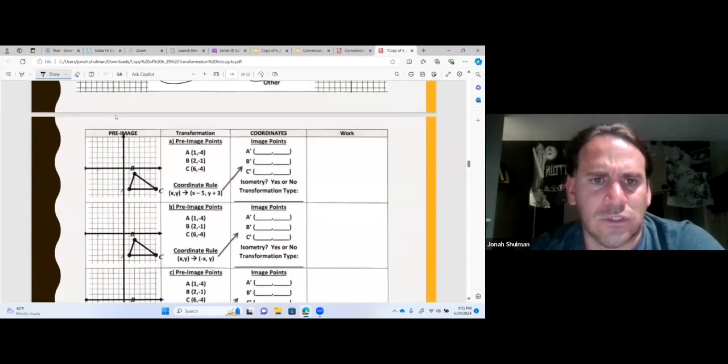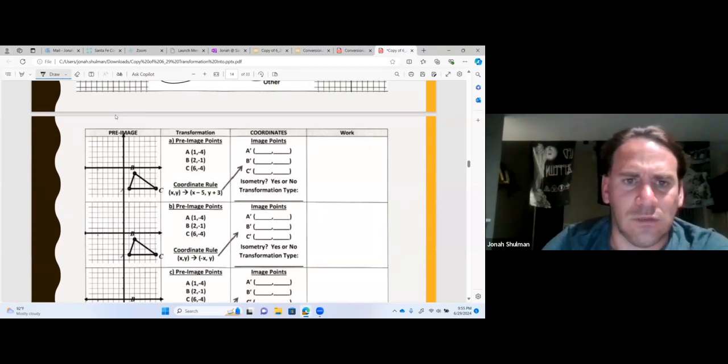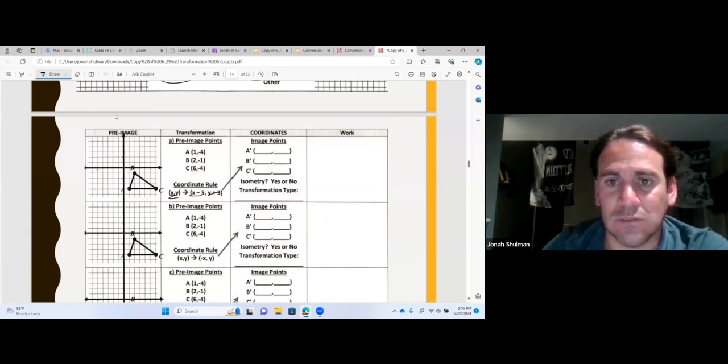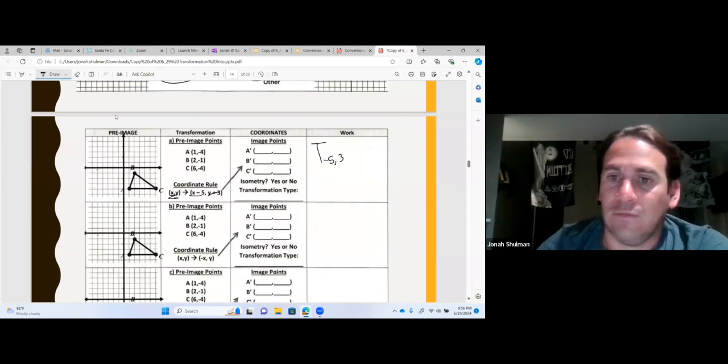But here, let's just do the first one. So these are the starting points: A is -1, 1, B is -4, 2, and C is 6, -4. And we're going (x, y) to (x minus 5, y plus 3). So this is basically a translation of (-5, 3). That's all we're doing.